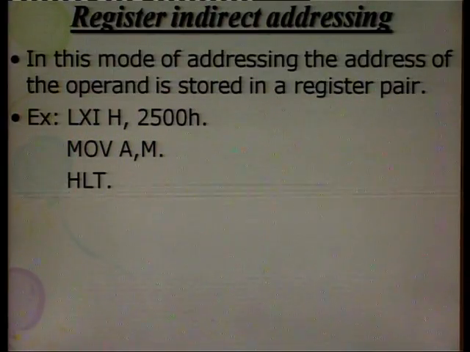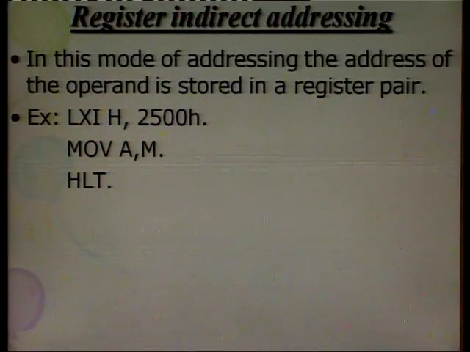Like for example, if I refer to a BC pair, I will only write B. Like in the example given here, I have written the instruction LXI H, 2500H. This is an immediate addressing mode, and with the help of this instruction, I will load 2500 in the HL pair. And if you see the instruction, I have not mentioned HL, but only H, because the first register is mentioned in case we use it as a pair.